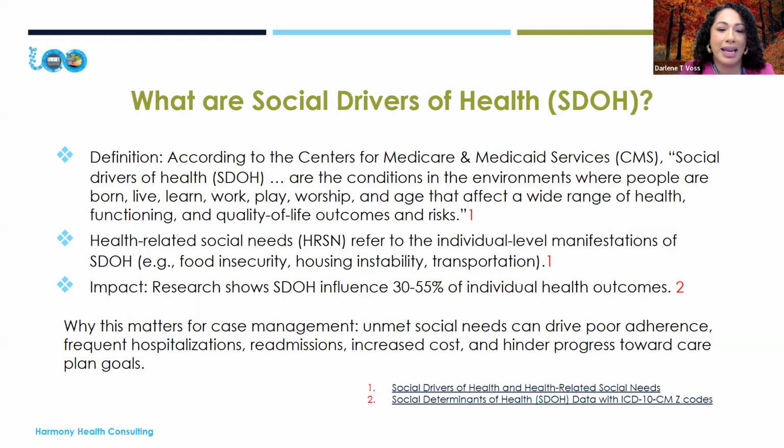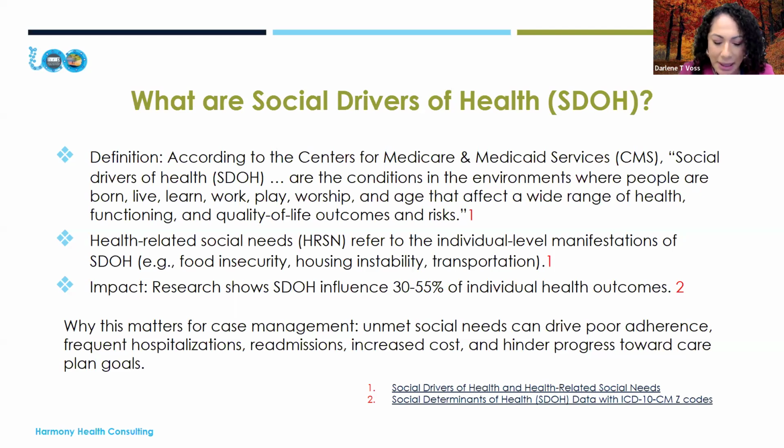So you'll hear the term HRSN, and it really refers to the individualized manifestation of the SDOH. So social determinants of health is food insecurity, but how it is individualized for that patient or that family is something that we'll dive a little deeper into.